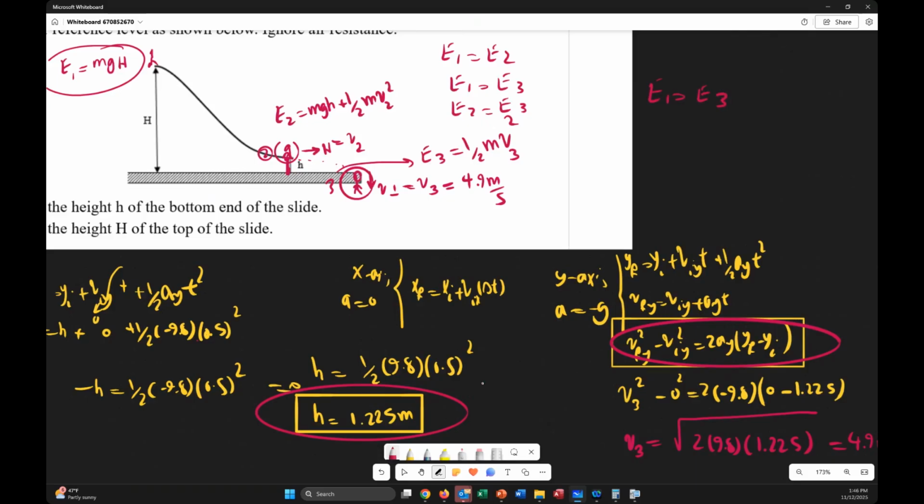What is the E1? mgh. What is the E3? 1/2 m velocity 3 squared. M and M cancel each other, so H is going to be V3 squared over 2g. So we just found the V3, which is 4.9 to the power of 2 divided by 2 times 9.8.